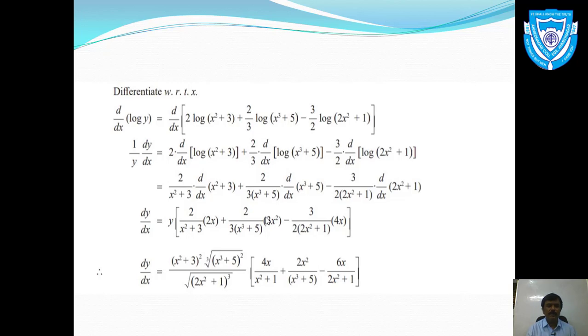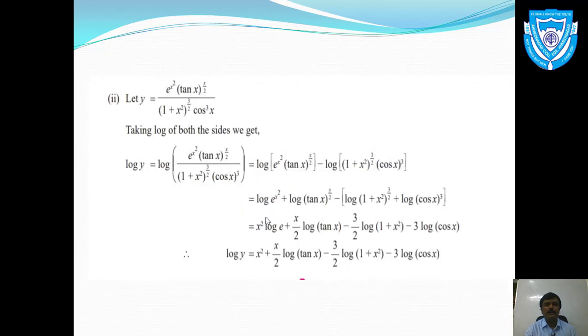So in the last step we got dy by dx is equal to (x square plus 3) bracket square into cube root of (x cube plus 5) bracket square divided by square root of (2x square plus 1) bracket cube into the square bracket: 4x upon x square plus 1 plus 2x square upon x cube plus 5 minus 6x upon 2x square plus 1. So this is all about the derivative of the given function, and this is the correct and final answer.